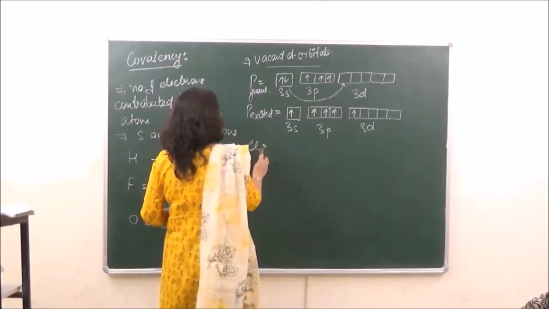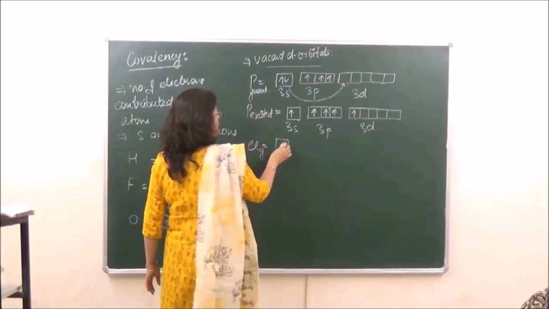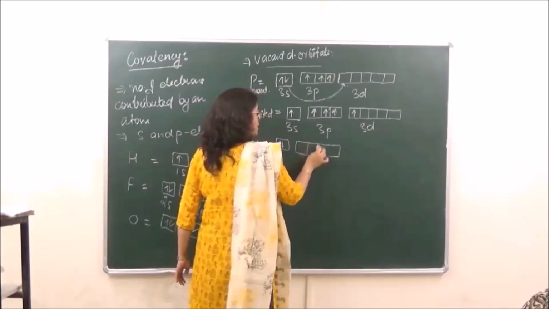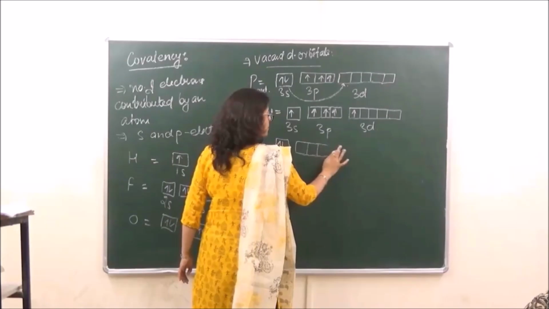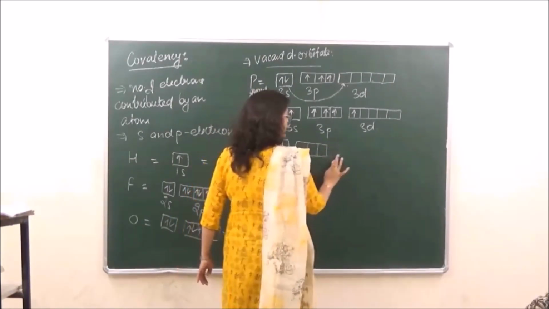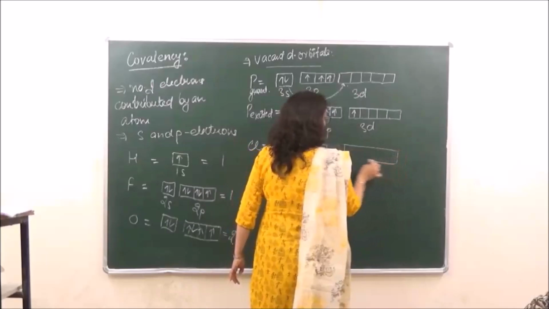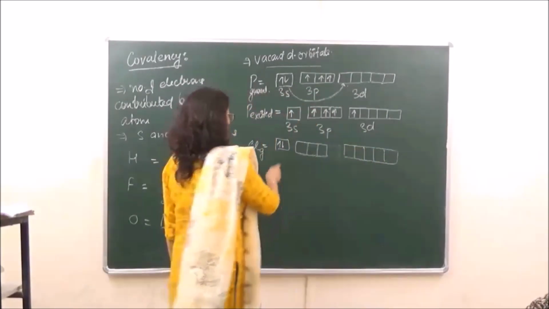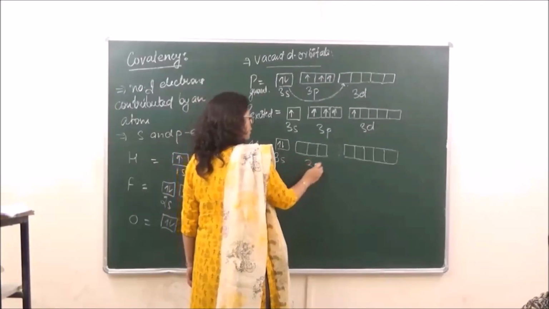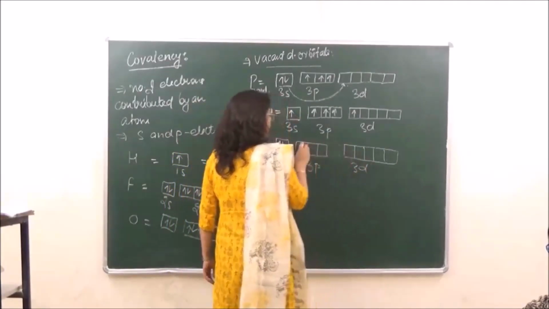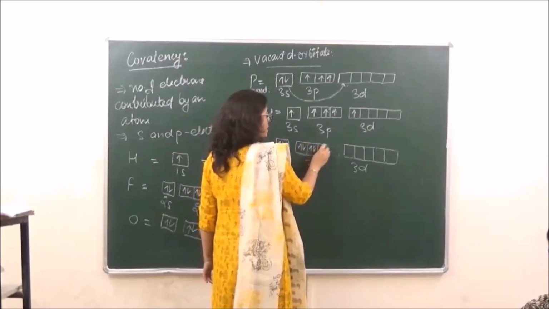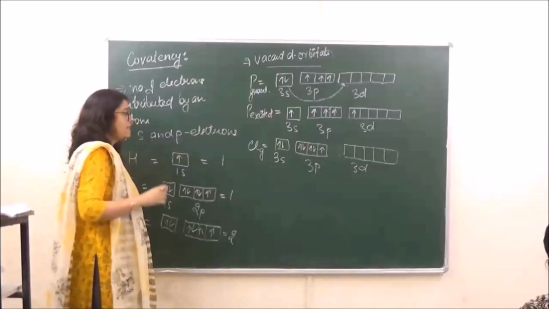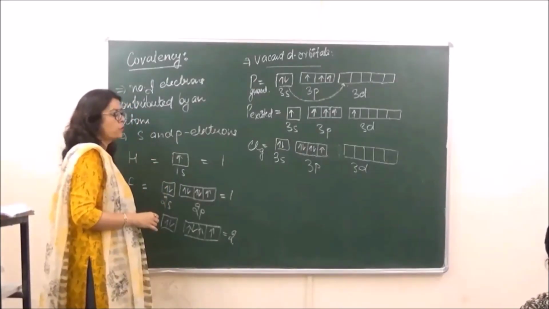Chlorine, in the ground state, the electronic configuration is going to be 3s, 3p, and 3d. Here there is only one unpaired electron present. So in the ground state, the covalency of chlorine is going to be only 1.